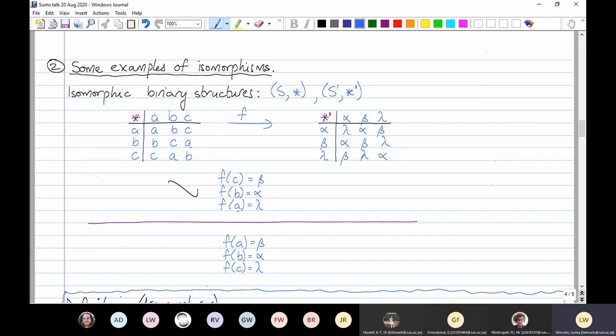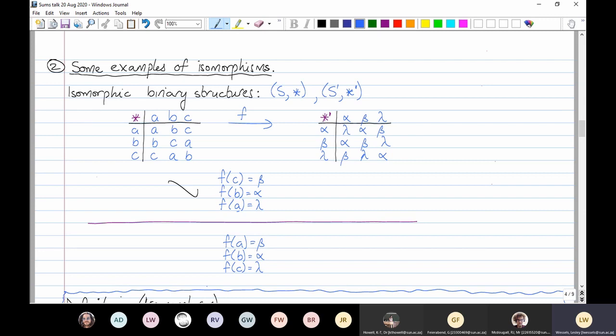Now, when you have an isomorphism, or one structure is isomorphic to another, you want how the binary operation acts on the one set to be preserved in how the second binary operation acts on the second set.